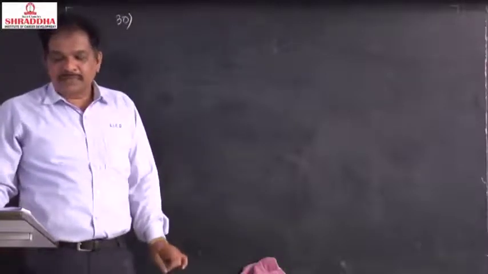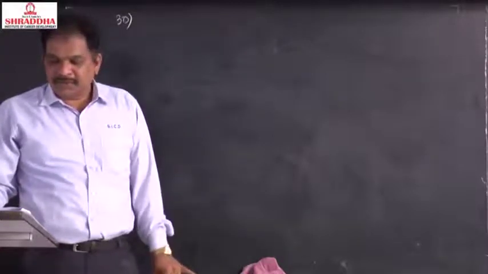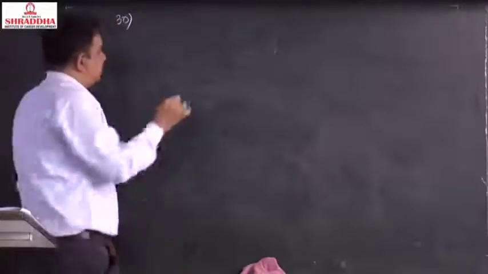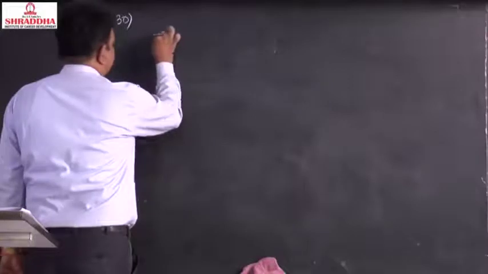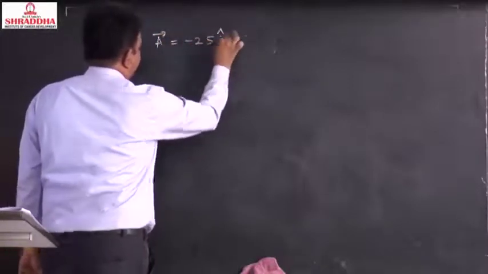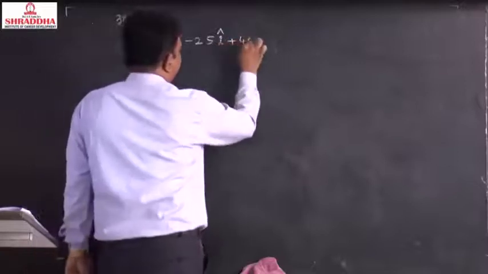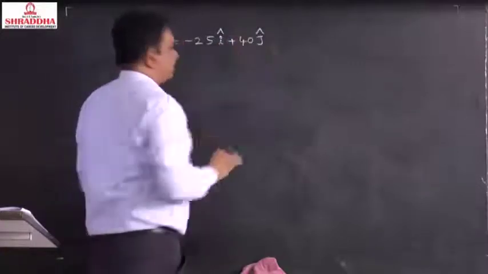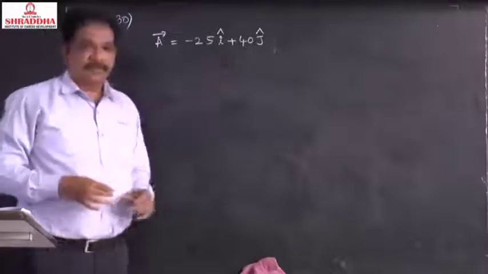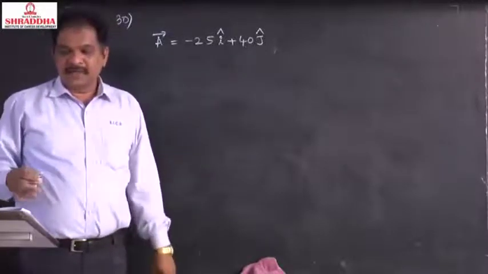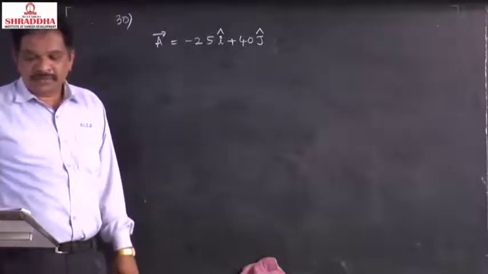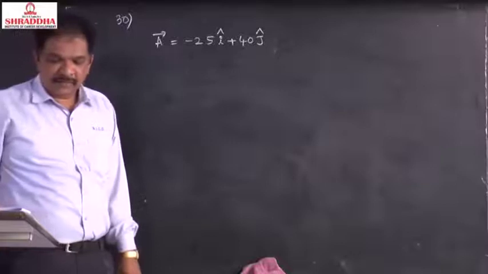Vector's x component is minus 25, y component is 40 units. Means how that vector is there? Minus 25 i cap plus 40 j cap. Vector is represented like this. Then what is the magnitude and direction of the vector they are asking?